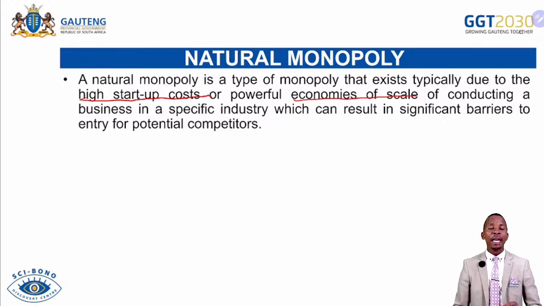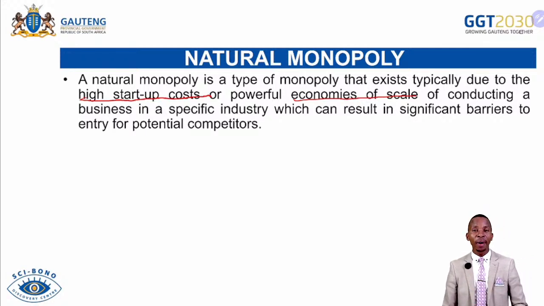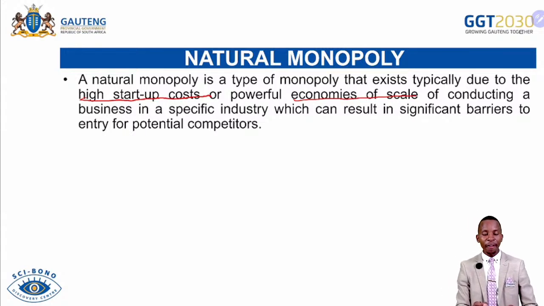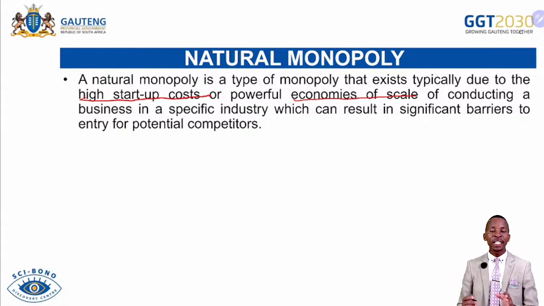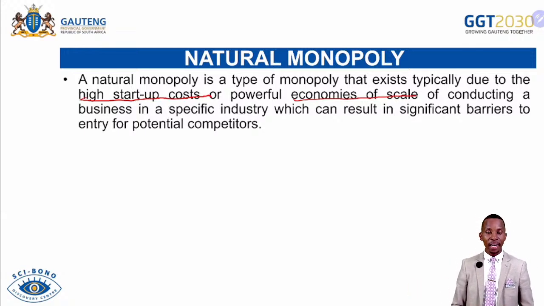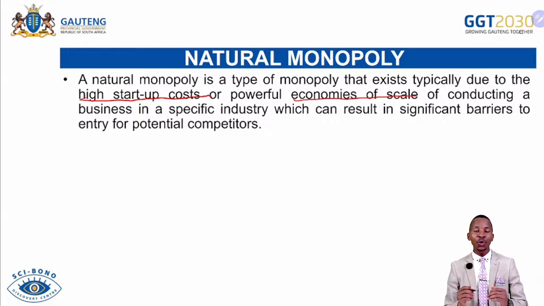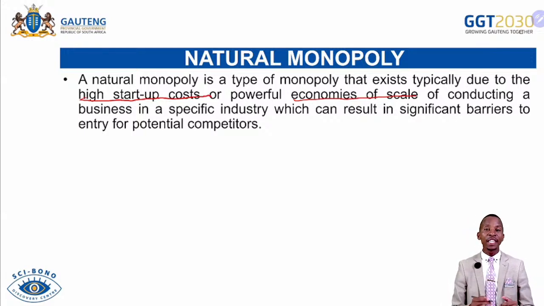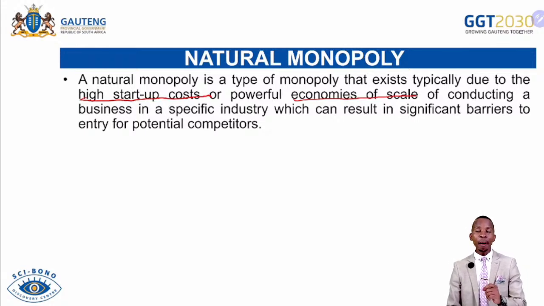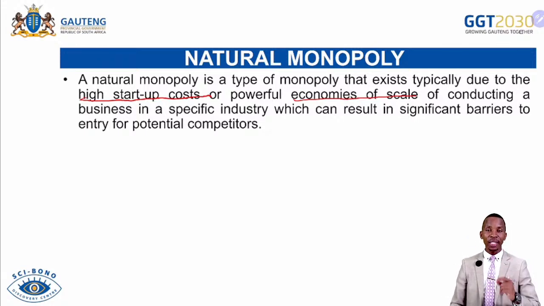These two alone become barriers to entry within the market under natural monopoly, because if more capital is required for the firm to be established, smaller firms cannot enter and compete in the market. At the same time, if the firm within the market is producing at economies of scale or large-scale production, that means the firm is producing a large output at a lower cost and selling at a lower cost.